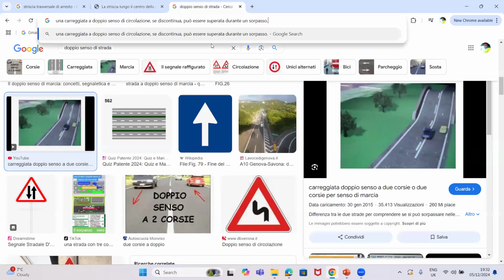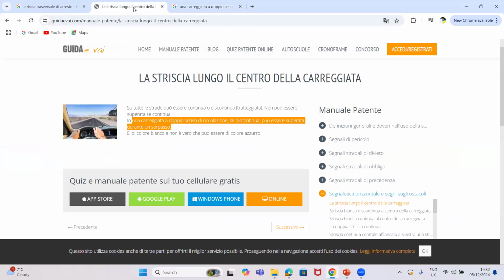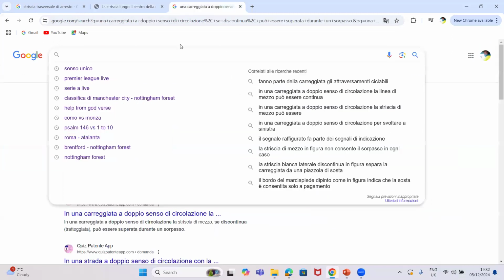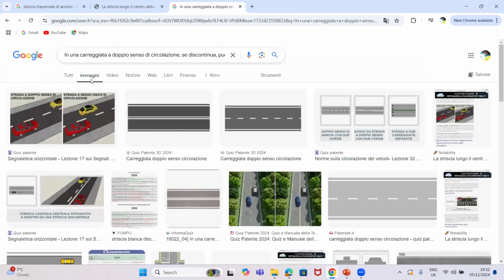Watch. Oh, it's very good we see all these things. Let me show you a typical example of what they mean here. They said, in a road with double sense of movement, do you know that if there is a discontinuous line in that road, you can overtake?